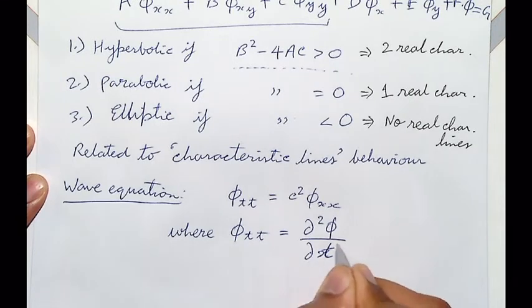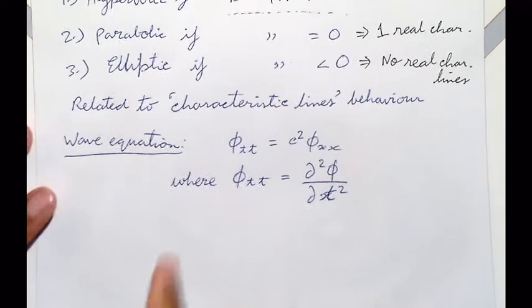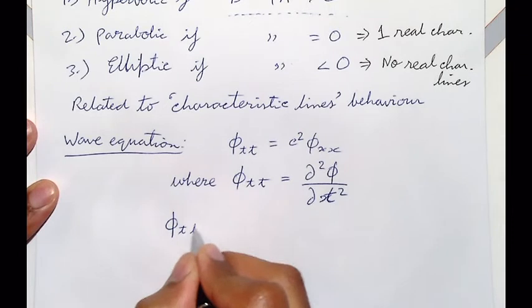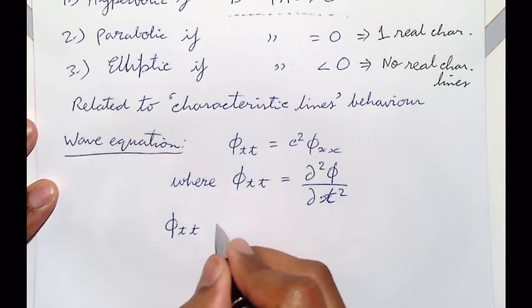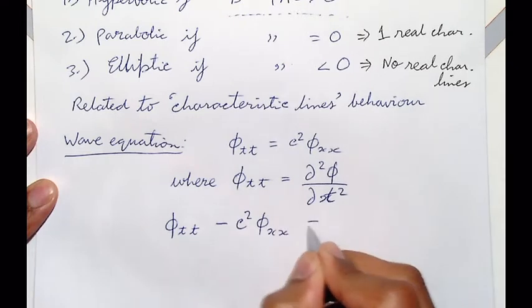Del squared phi by del t squared. Okay. All right. So let's see. We just rearrange this with phi tt minus c squared phi xx equals 0. Okay.